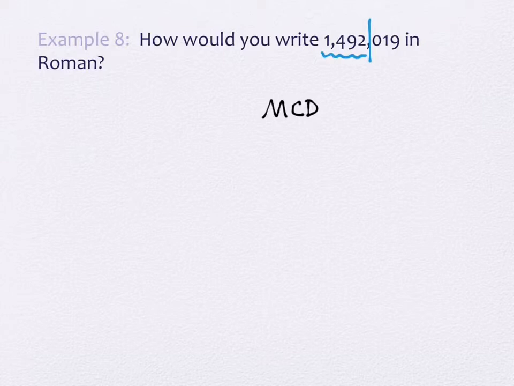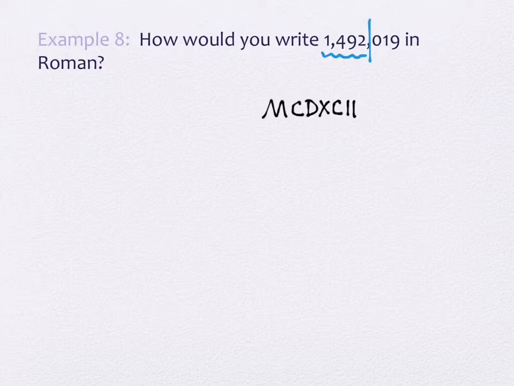How about the 90? Because the 9 is in the 90 spot. X, C. We saw that one earlier too, actually. Yeah, X, C. And then how would I write a 2? I, I, right? Yeah.